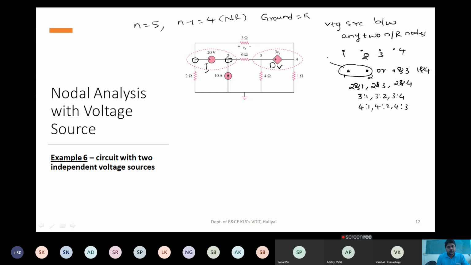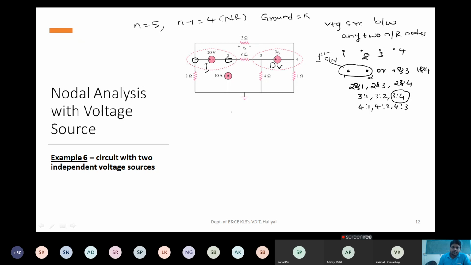So there is one supernode, the first supernode. Then is there any one more voltage source? Yes. This dependent voltage source is coming between 3 and 4. So these two together are forming the second supernode.